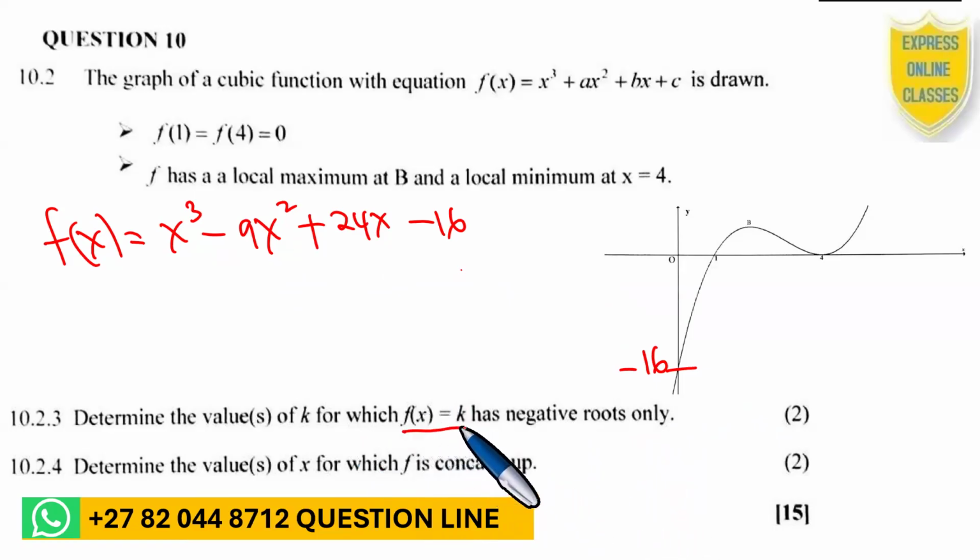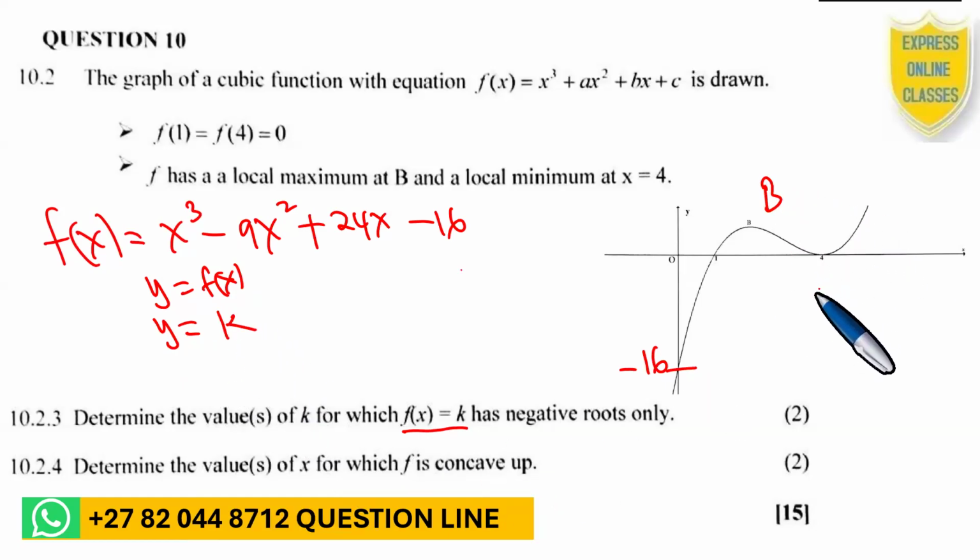As I indicated about these equations, y is f of x and y is k. So f of x is this one, cutting through there. But now when you want to have negative roots only, you're going to intersect this one here.